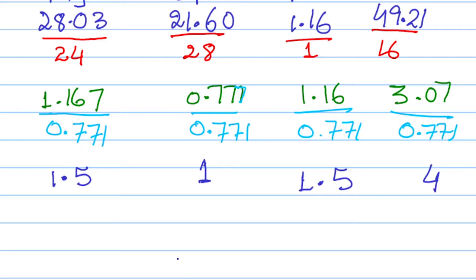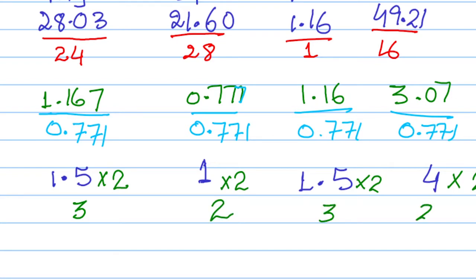We can multiply 1.5 by 2. After multiplying these values, we get 3, 2, 3, and 8. So this is the way through which we get whole numbers.